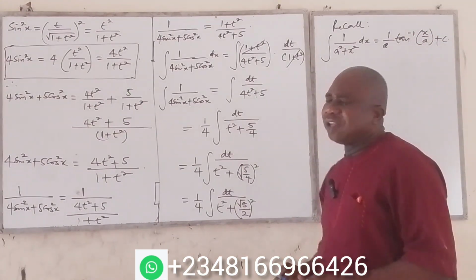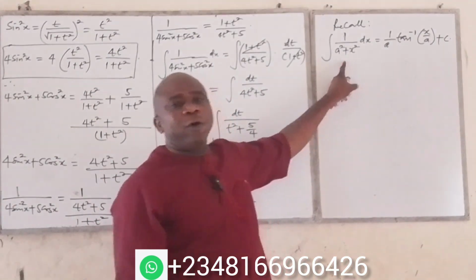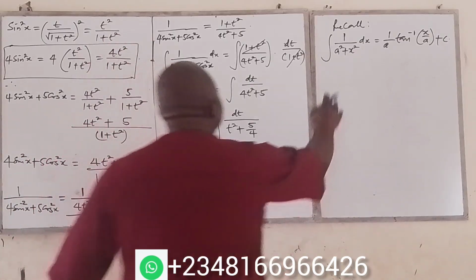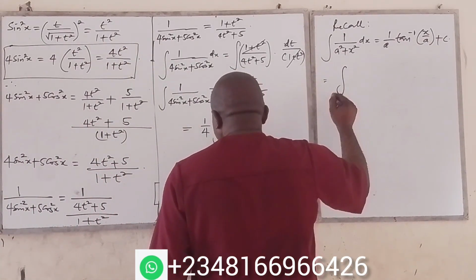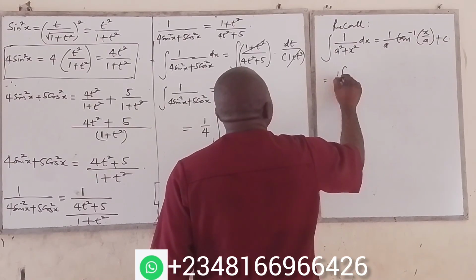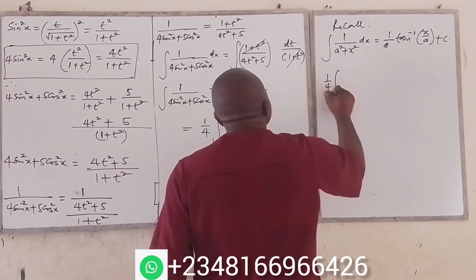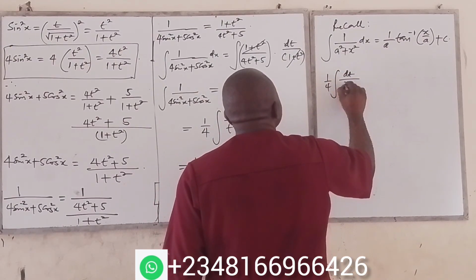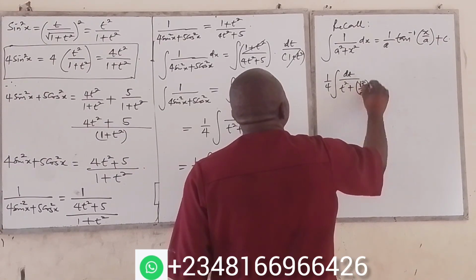If you have not actually watched my video on integration of this form, please, you can do. So now in this case, comparing this with this, integrating 1 all over 4 integral dt all over t squared plus the square root of 5 all over 2 all squared.